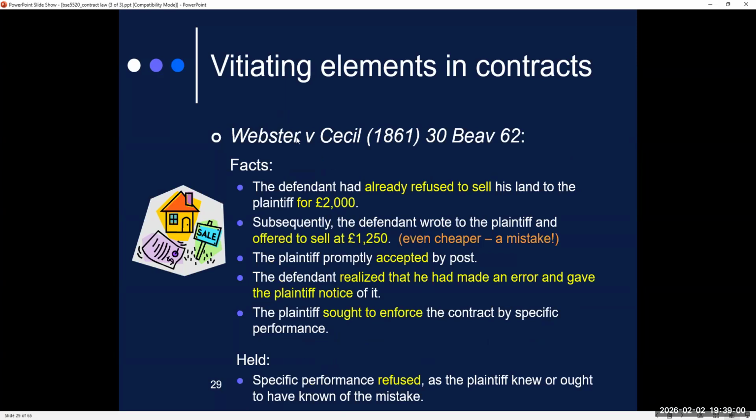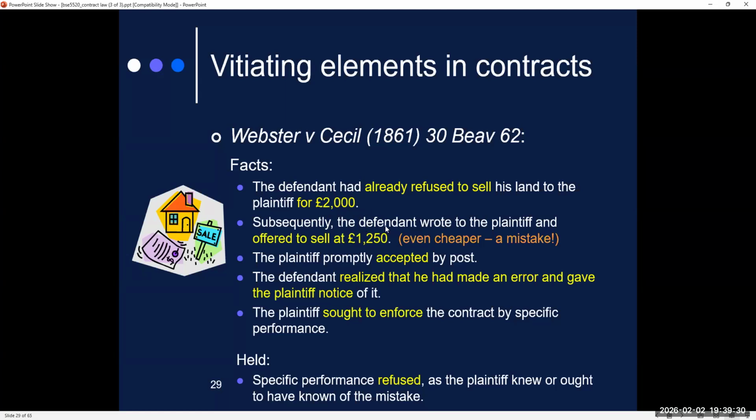In Webster's case, the defendant, D, had already refused to sell his land at the price of 2,000 pounds. That means what? D would like it to be at a higher price, right? 2,000 not good enough. Otherwise, he would not have refused to sell it at this price.